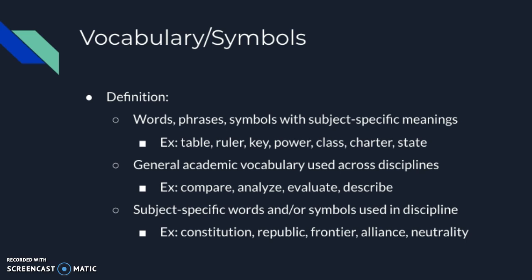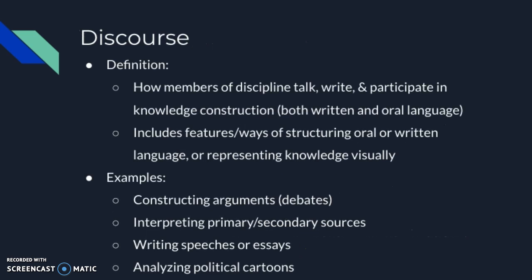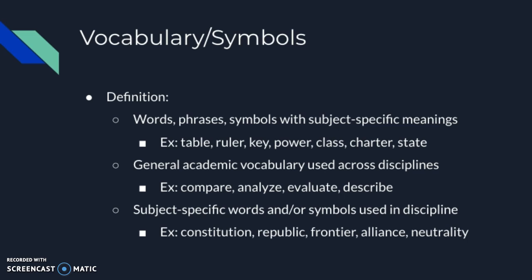To continue, vocabulary and symbols are another part of academic language or language demands in history and social science. So to define these, they have to do with words, phrases, symbols that have subject-specific meanings.